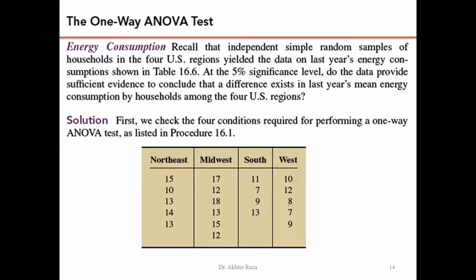This one example we are going to complete in the 4 regions in which the electricity consumptions are observed: Northwest region, Midwest region, South region, and West region. There may be a significant difference between the electricity consumption in the different regions, because there is a possibility that one region is a hot or warm region.